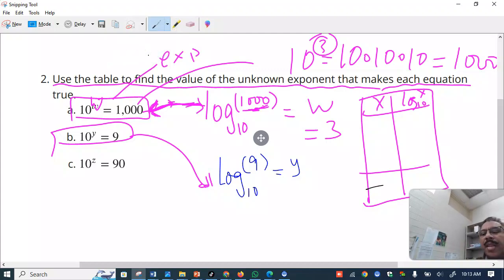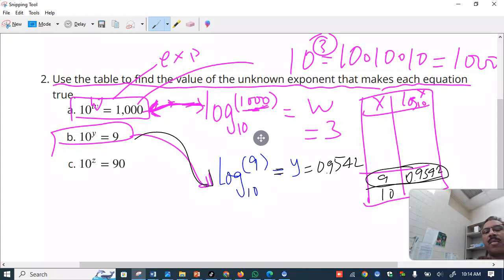You'll see there is a 10 here and there is a 9 here, and the 9 gives you the answer 0.9542. So you're just writing this in the logarithmic form, and from the table you have to figure out where this 9 is.